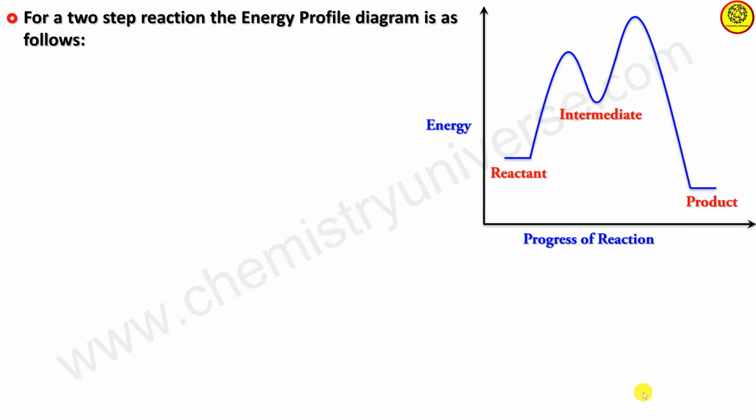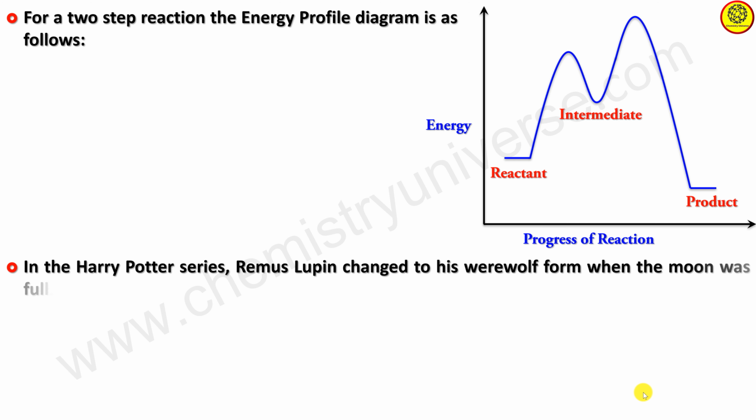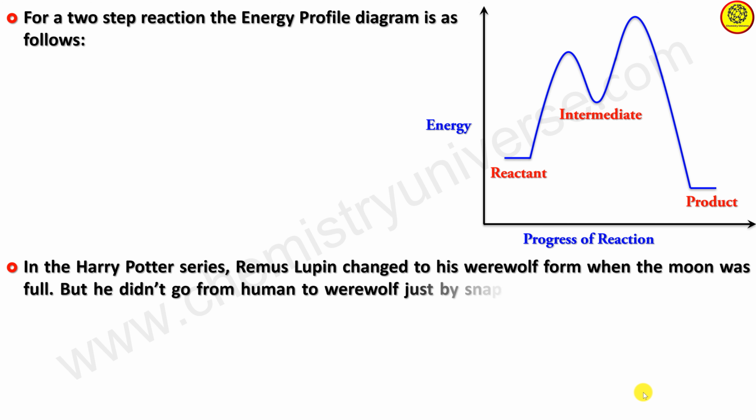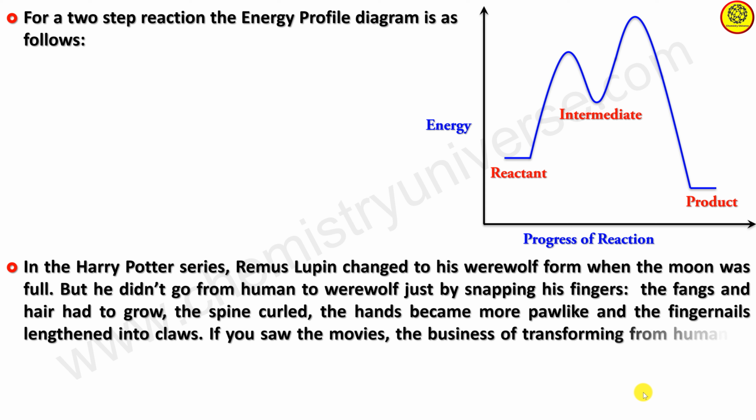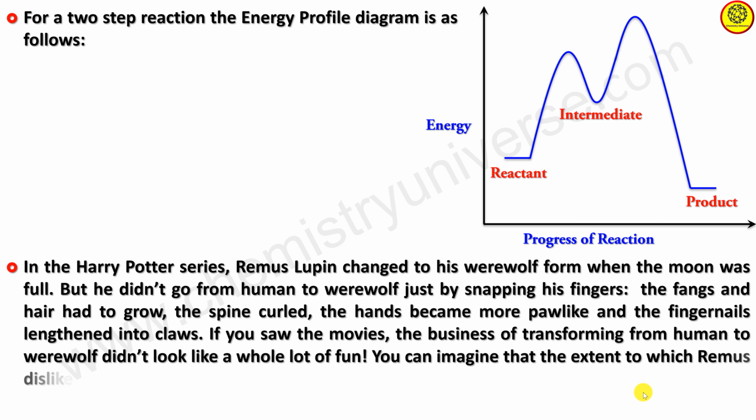Take your time, pause the video after the paragraph is completely shown, read it for a while and try and understand what it says. Now in the Harry Potter series, Remus Lupin changed to his werewolf form when the moon was full. But he didn't go from human to werewolf just by snapping his fingers. The fangs and the hair had to grow, the spine curled, the hands became more paw-like, and the fingernails lengthened into claws.